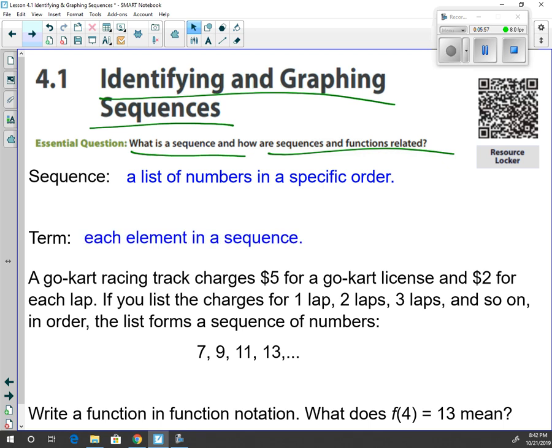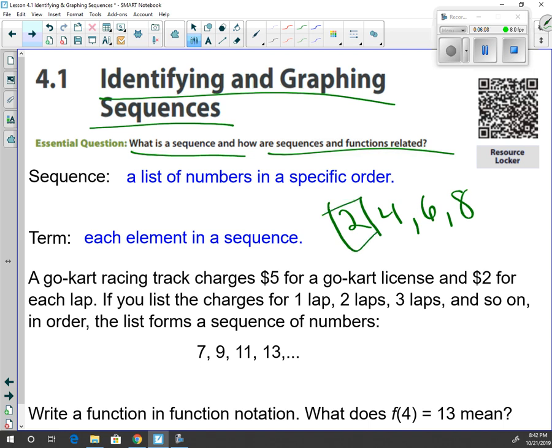And then a term is an element in the sequence, okay? So if I have the sequence 2, 4, 6, 8, 2 is a term. It's an element in the sequence, okay? In fact, I can give you a little bit more information about that. If the pattern is 2, 4, 6, 8, this is the first term.